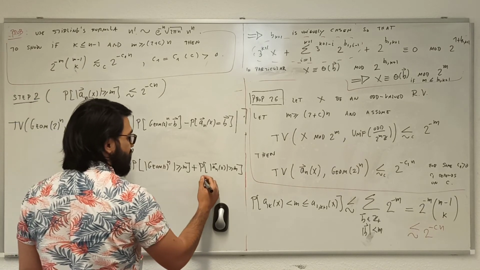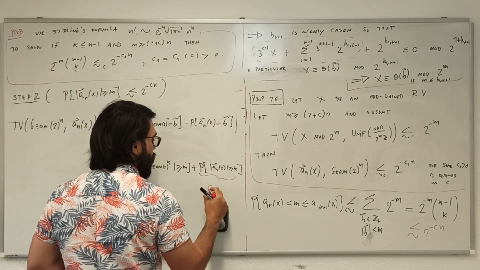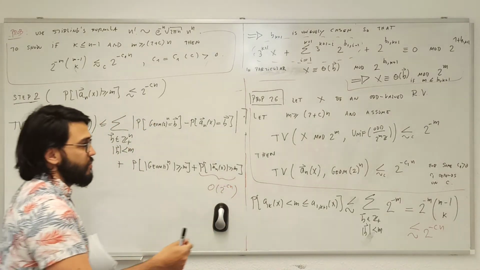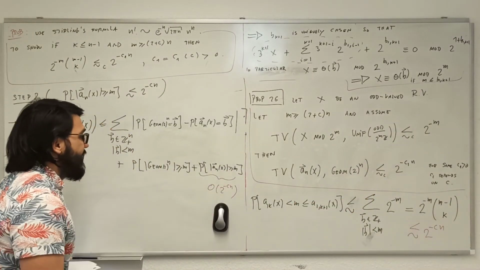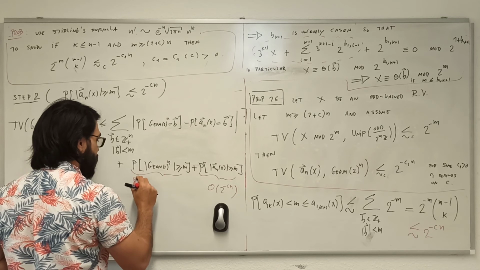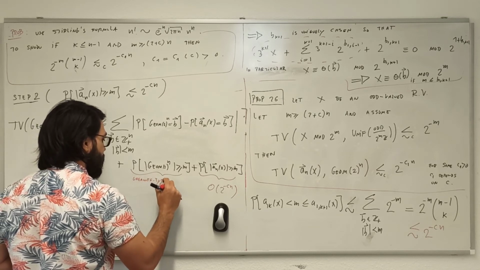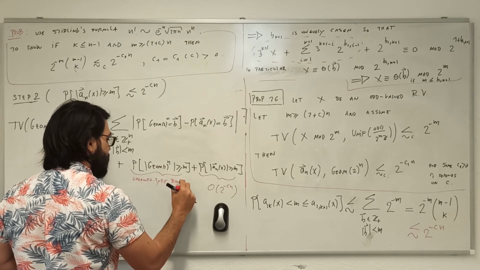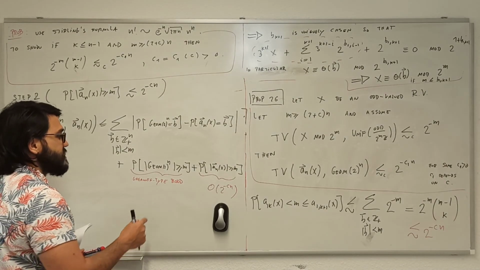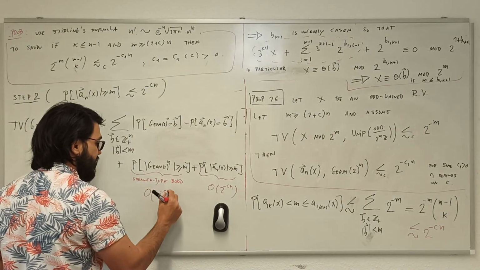So this term here is O of 2 to the minus Cn. Good, because that's exactly what we want to prove here. And this term here is by the previous bound, so this is by Chernoff type bound lemma. You can show that this is O of 2 to the minus Cn as well.